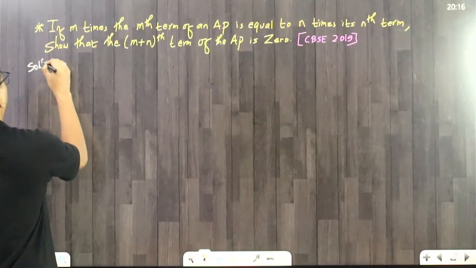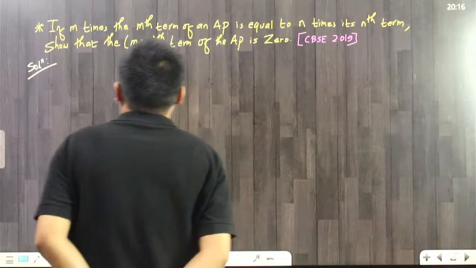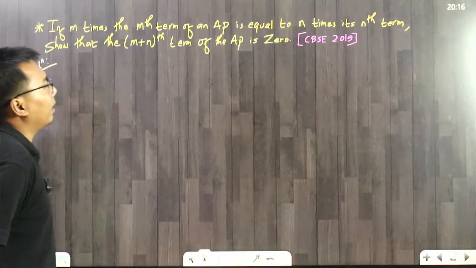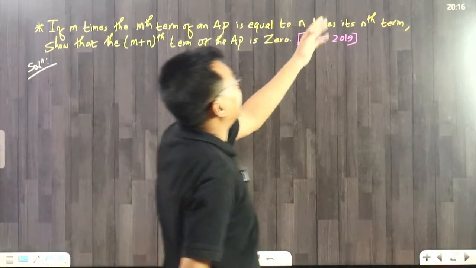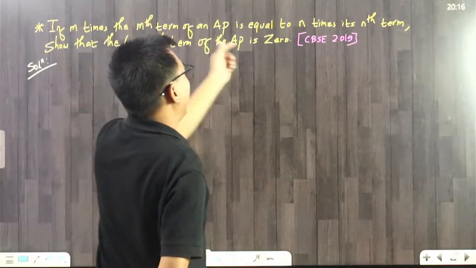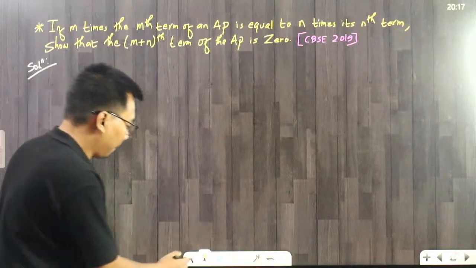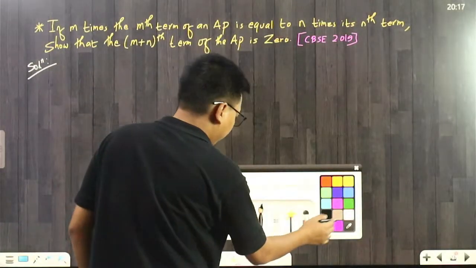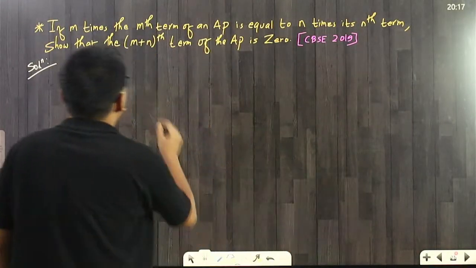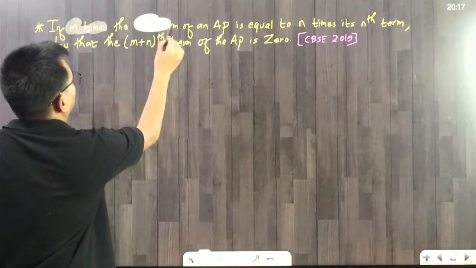Solution. Now, if you read the question: if m times the mth term of an AP is equal to n times its nth term, show that the (m plus n)th term of the AP is 0. See, m times the mth term.